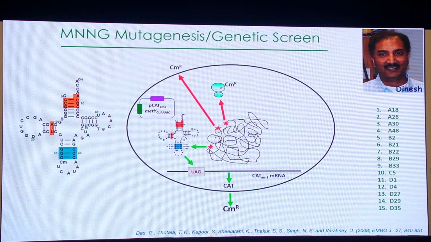So this was a perfect molecule for us to then do genetics. This work, which was a lot of work actually, was done by a postdoc in the lab, Dinesh, and what he did was subject E. coli to mutagenesis. In this mutagenesis, his idea was to look for chloramphenicol resistant cells. Chloramphenicol resistance can arise in so many different ways, but his task was to select for the mutants which would require this mutant tRNA for initiation, and the initiation would occur only from this UAG initiation codon.